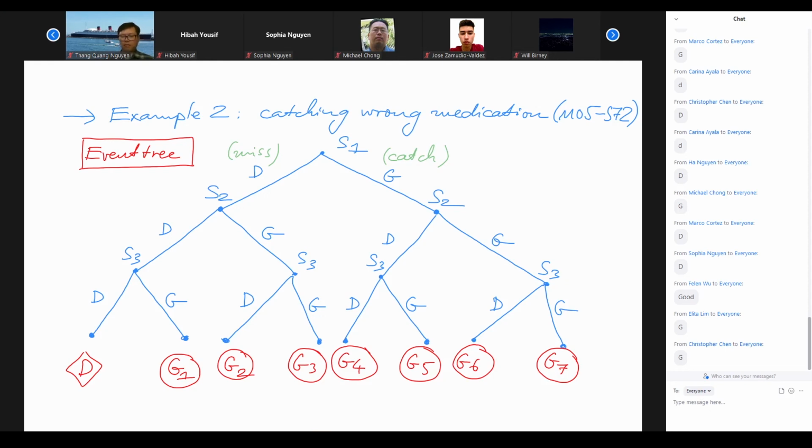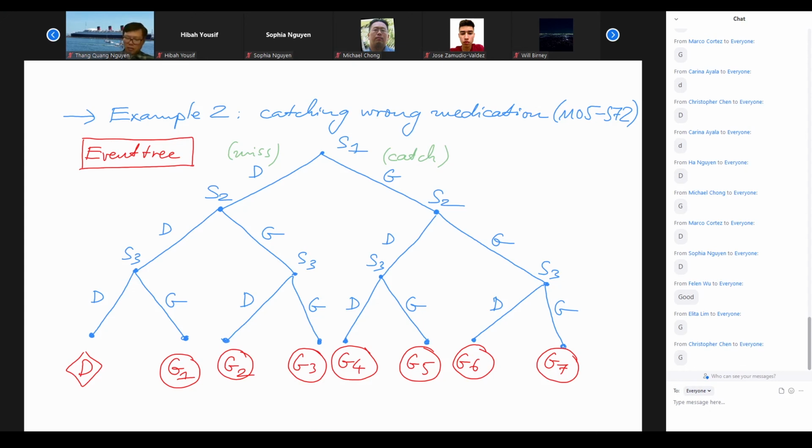Okay, and now to calculate the probability of being good and defect later on, we need to know the sizes of the branches, right? So just look at the question. The pharmacy catches 70% of the mistakes.